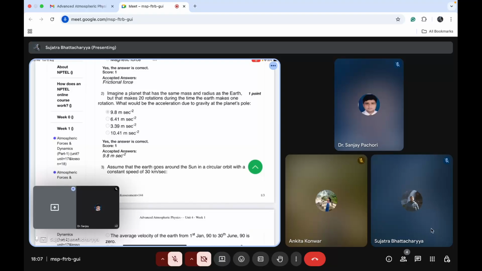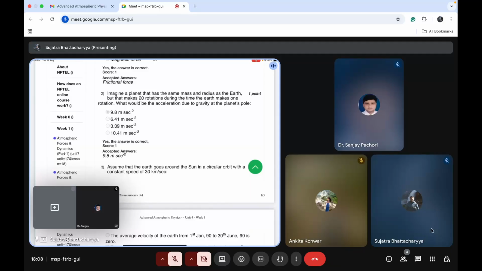Okay, the second one is: imagine a planet that has the same mass and radius as that of the Earth, but that makes 20 rotations during the time the Earth makes one rotation. So 1 day is our rotation period, right? So when the Earth rotates once in 1 day, the planet rotates 20 times.